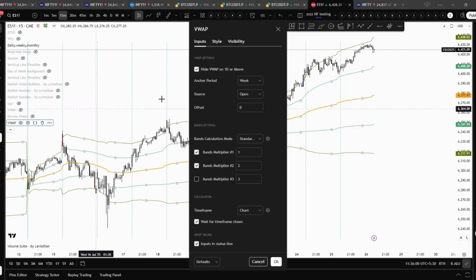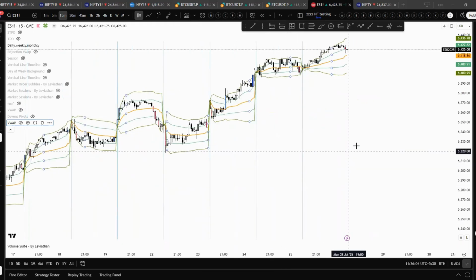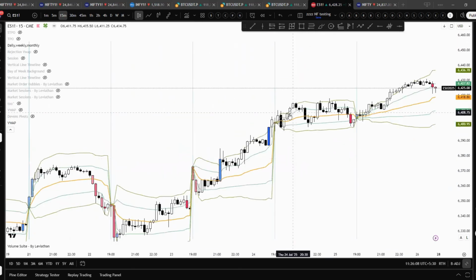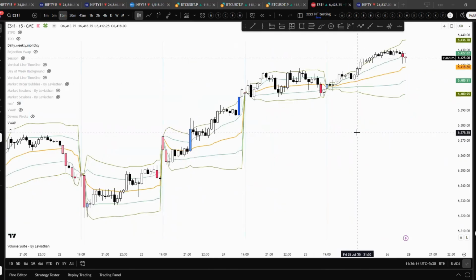As of now, if we just change it to daily or the session, you can see the same thing playing out again and again. If we go below, we look for buy, we go up, we look for short opportunities. So we have to use multiple VWAPs to get the context. So this is one way. I will be covering how to use it properly in the next videos with the confluence of other things.